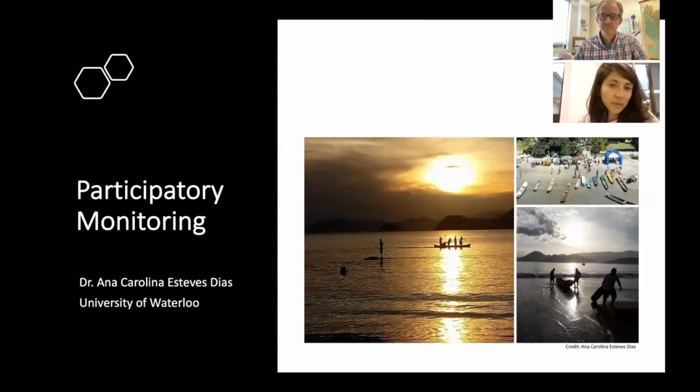There's also the development of critical indicators that are very relevant and specific to the context. It is also very interesting to have people there on a daily basis using the resources, so they have this local knowledge of what is happening on the ground. So this is a very interesting advantage and strength of a participatory process.